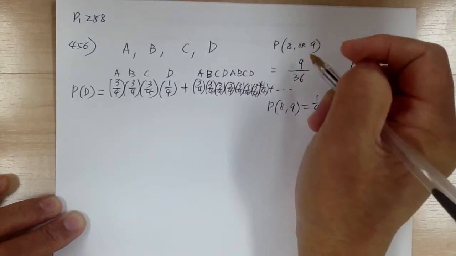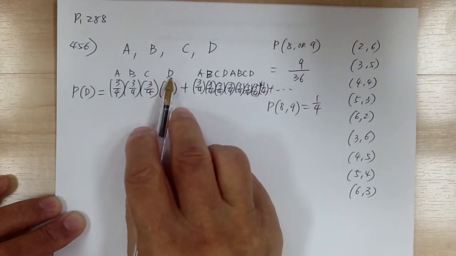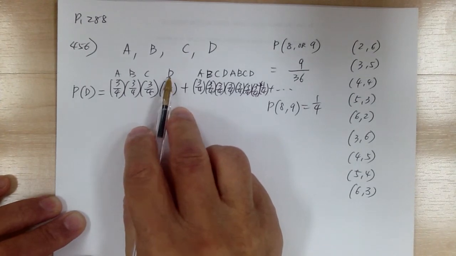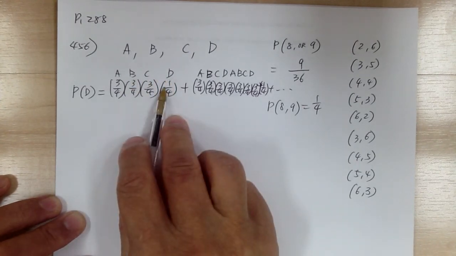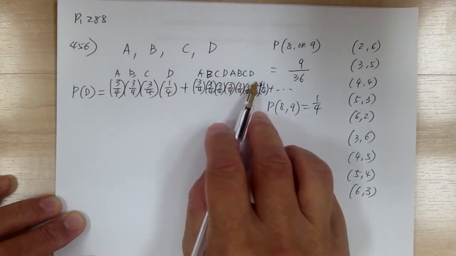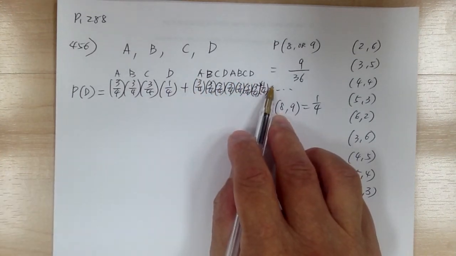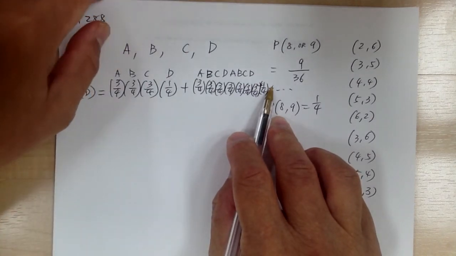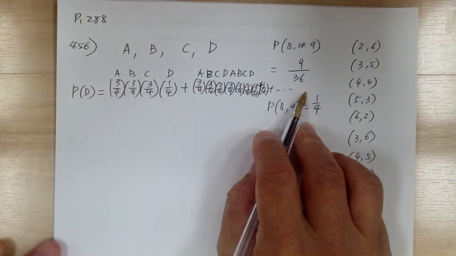Again, this is when Doug walks the plank during the first round, and this is when Doug walks the plank during the second round, and it can go on forever, right? So this is an infinite series.